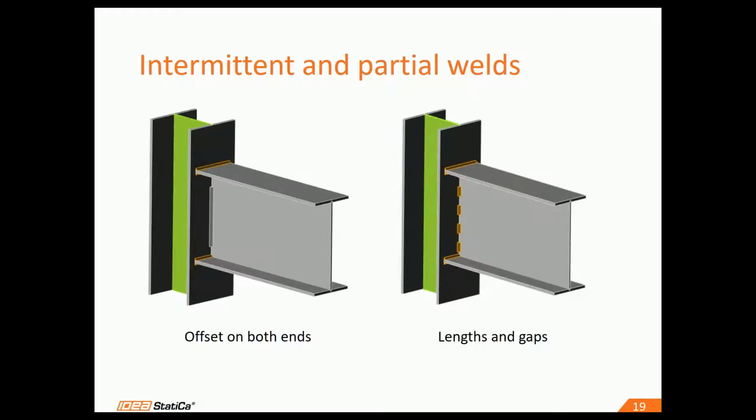The first one is, for example, the new types of welds. Now you can use, besides the standard continuous weld, also a partial weld with defined offsets on both ends, and also intermittent welds, which are separated into shorter parts with gaps in between.